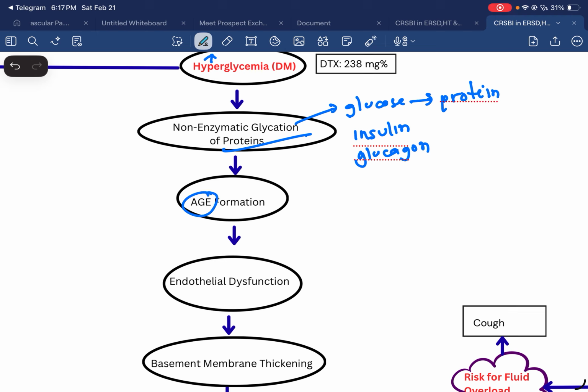We call it advanced glycation end products.